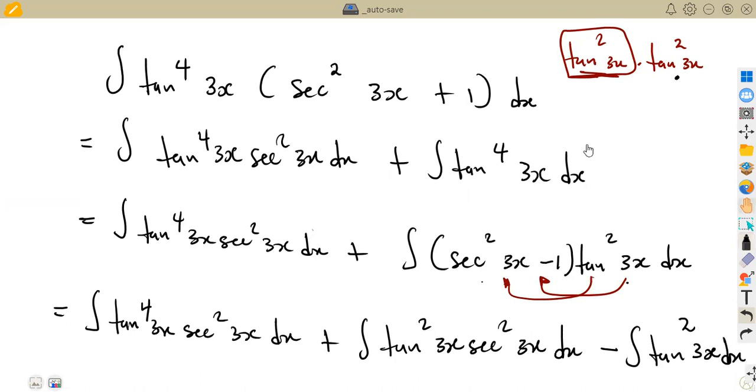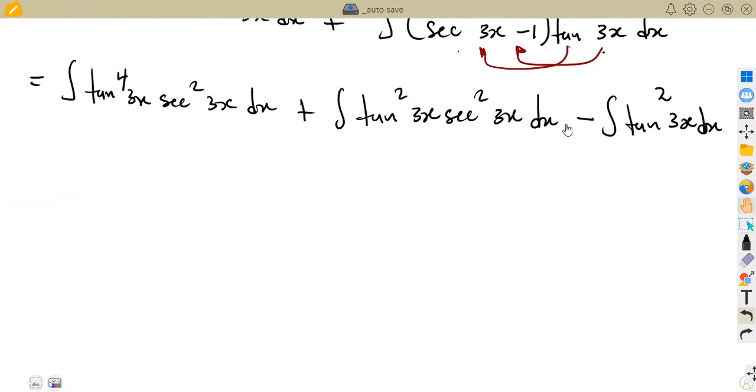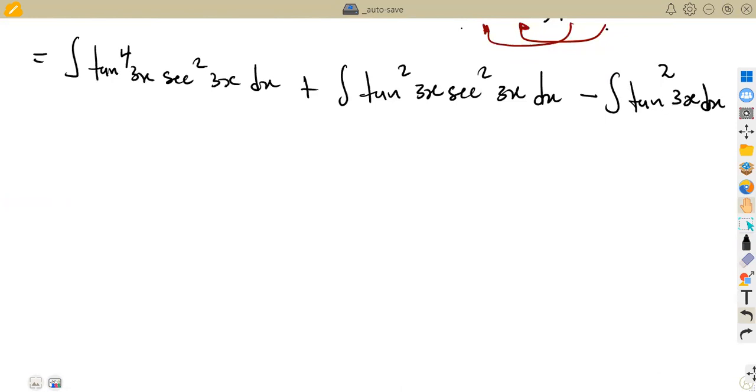So at this stage, we can see that everything that we have here can be integrated, no matter the method that you are using. Here using our substitution method between these two, we can see that the sec squared can be cancelled if we let u be equal to tan 3x.